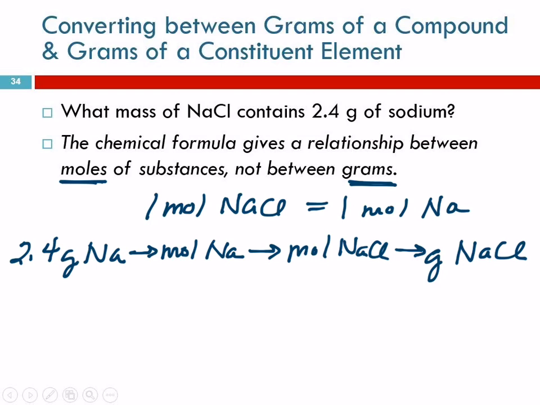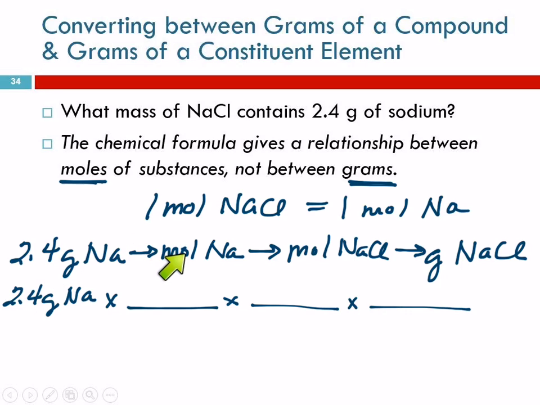So in my path here, I've got 3 arrows. I'm going to have 3 conversion factors, or 3 fractions. So 2.4 grams of sodium and 1, 2, 3: grams sodium to moles sodium to moles sodium chloride to grams sodium chloride.